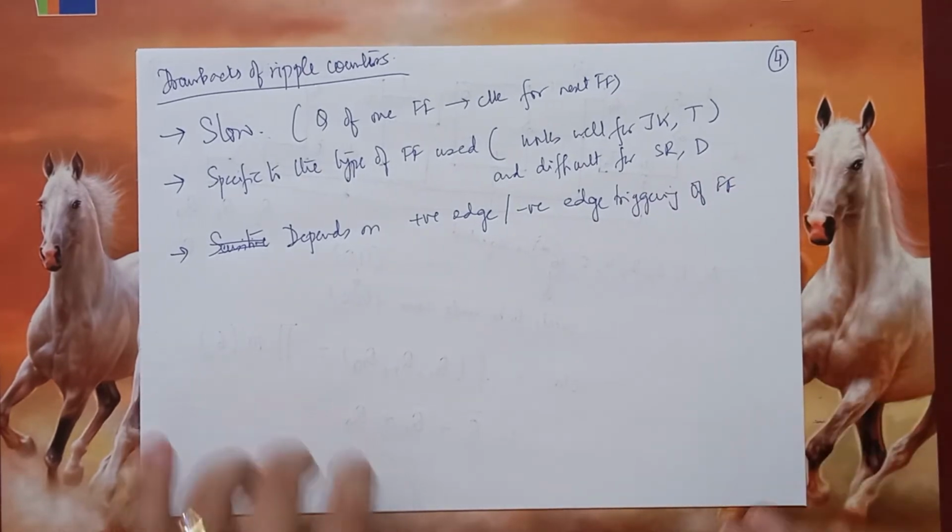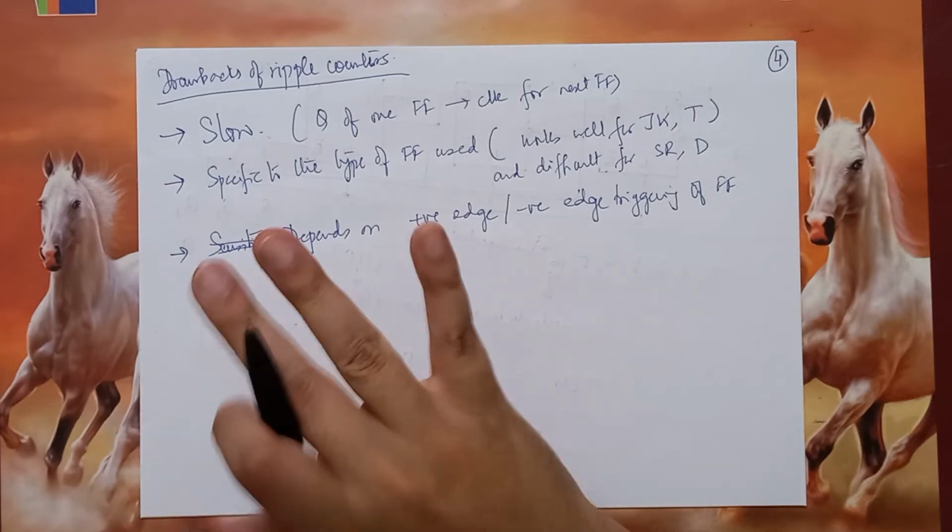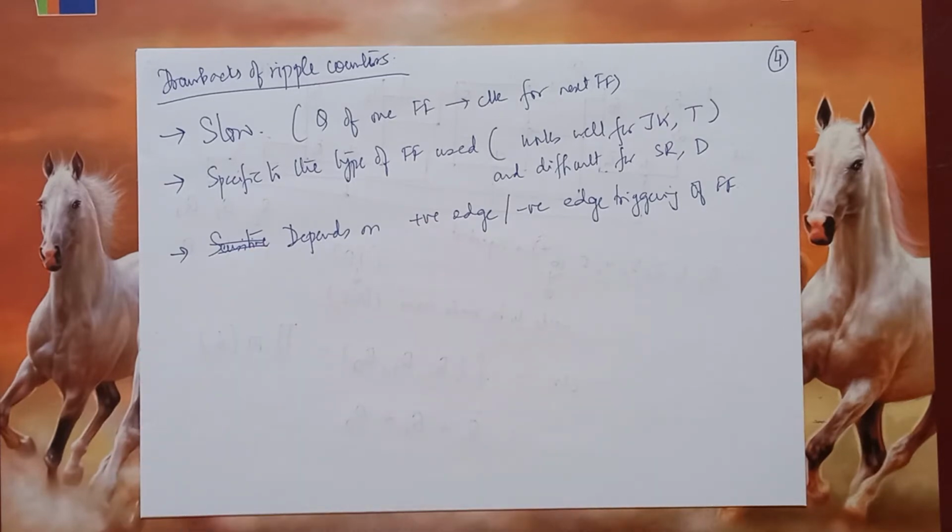Meaning, although it's not very difficult to design a counter, whether the flip-flop is positive edge or negative edge triggered, some small minor changes need to be made in the circuit if we suddenly decide to replace the negative edge triggered flip-flops with positive edge triggered or vice versa. So therefore we need a circuit which can be used universally without worrying about whether the circuit is positive edge triggered or negative edge triggered.